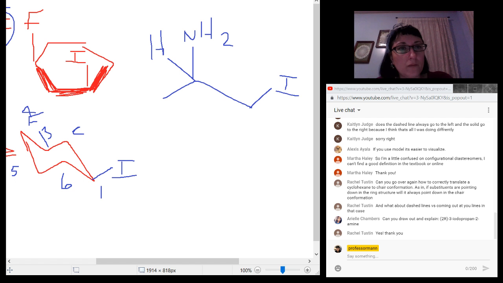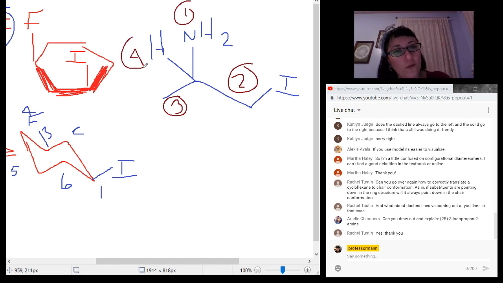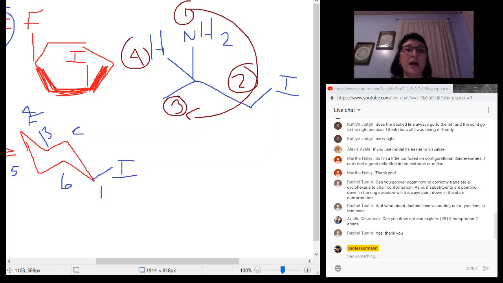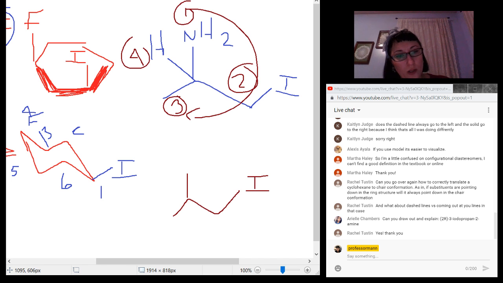then this would be my highest priority group, second highest priority, third, fourth. So the way that I have it is fine, going in that direction. There are a couple of different ways you could show that. Have iodine there. I can put my NH2 with my bold line there and a hydrogen.